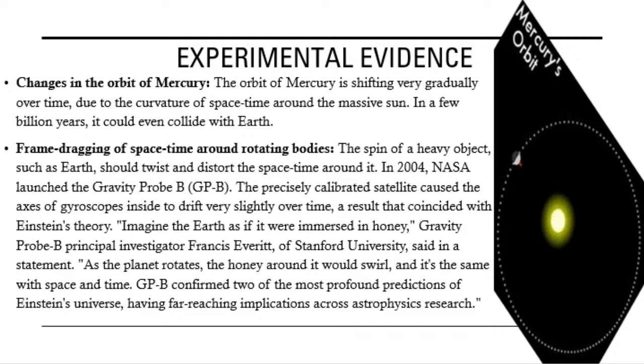And it's the same with space and time. This was told by Gravity Probe B at Stanford University. GPB confirmed two of the most profound predictions of Einstein's universe, and far reaching across astrophysics research.